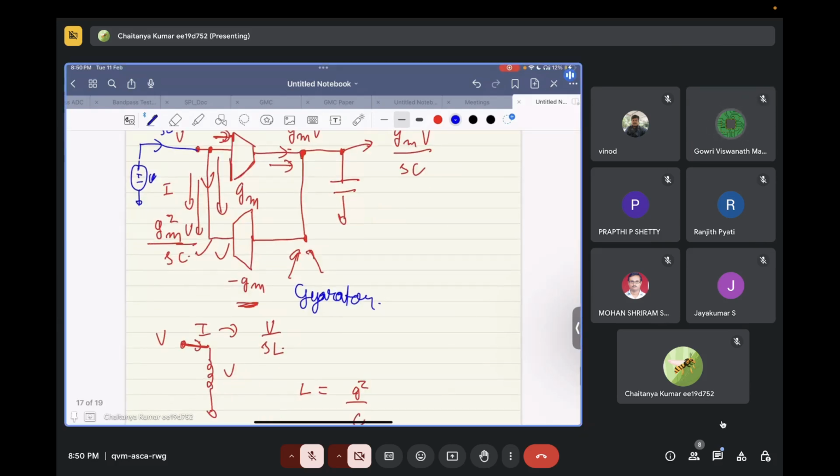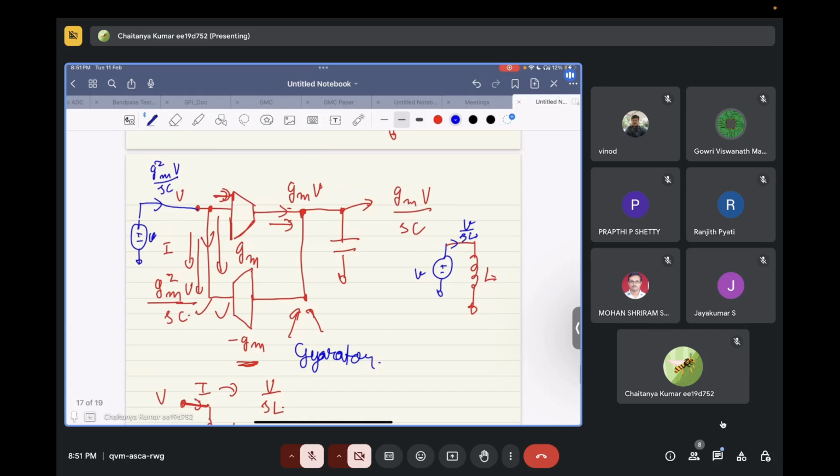Yeah, sir. Now, if I had connected the same voltage source to an inductor of value L, what will be the current flowing from this voltage source? V by SL, right?